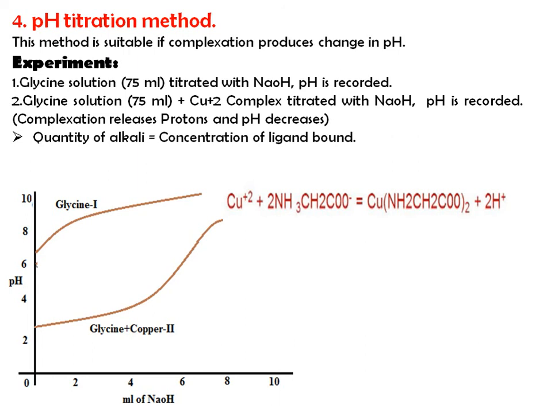Then the concentration of ligand bound divided by total concentration of metal ion gives us the value of N, and this N value at various pH you can determine, and this N value is nothing but the stoichiometric ratio of that particular complex.